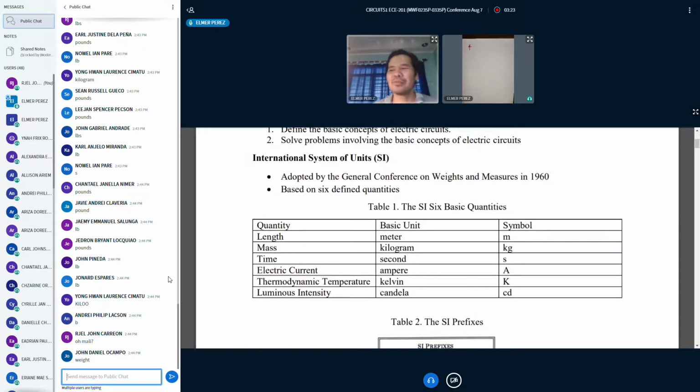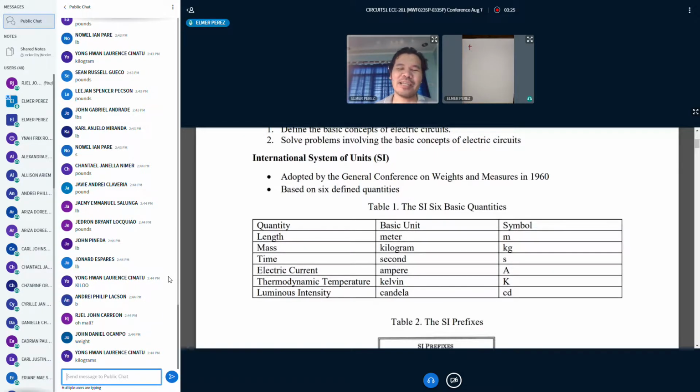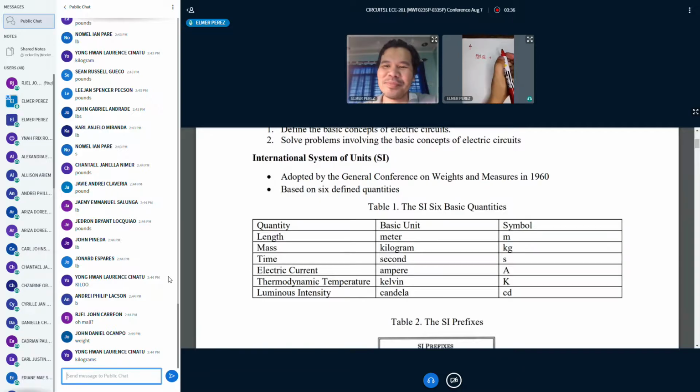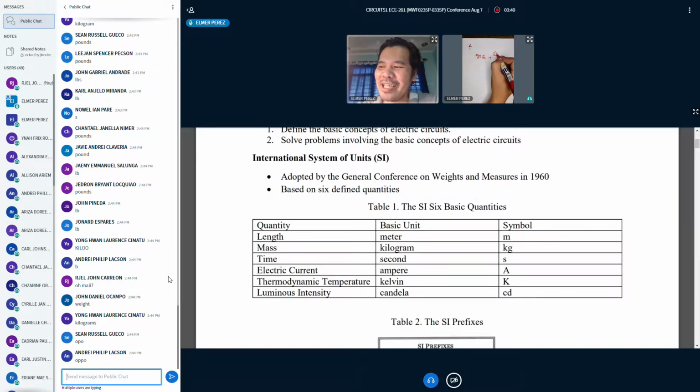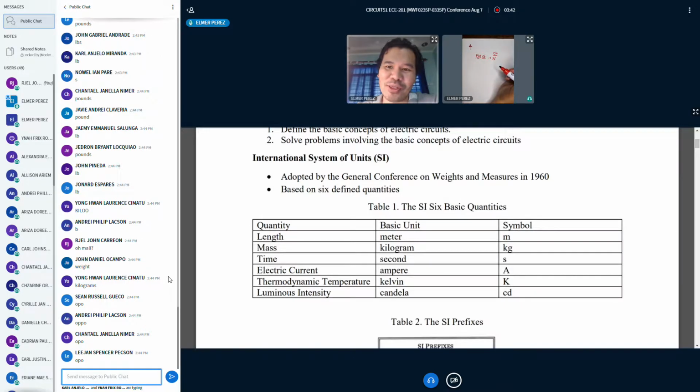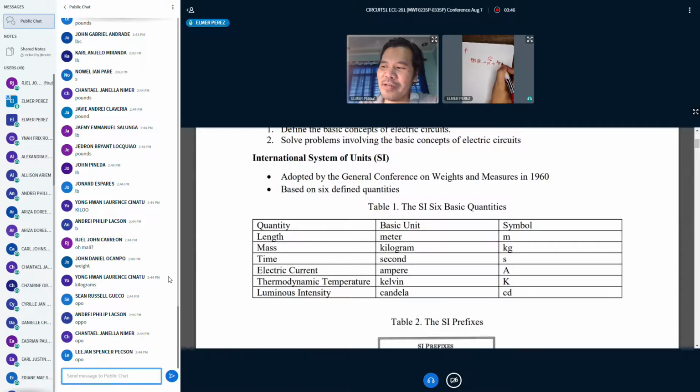Okay, so there's a common notation that it is pound, but actually, weight, ang force, ang SI is Newton. Okay? It is Newton. And Newton is derived from kilogram meter per second squared.